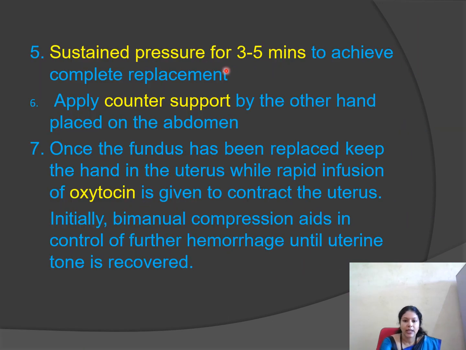Sustained pressure should be applied for 3 to 5 minutes to achieve complete replacement. At the same time, using the other hand per abdominally, you can apply counter support also, and give 1 dose of oxytocin that will produce uterine contraction. Once the uterus is contracted and if the placenta is not separated, you can manually separate the placenta.